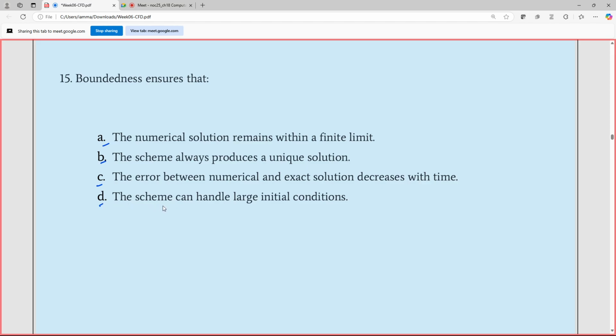Option D, the scheme can handle large initial condition. So which among the following is meant by boundedness? The name itself gives away the idea, so it's easy for you to decipher. Try to answer the question.